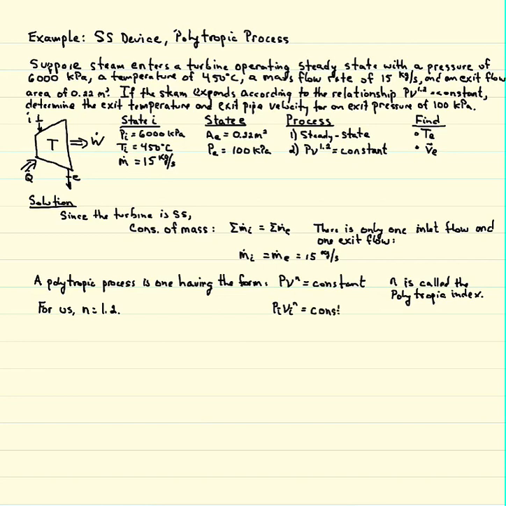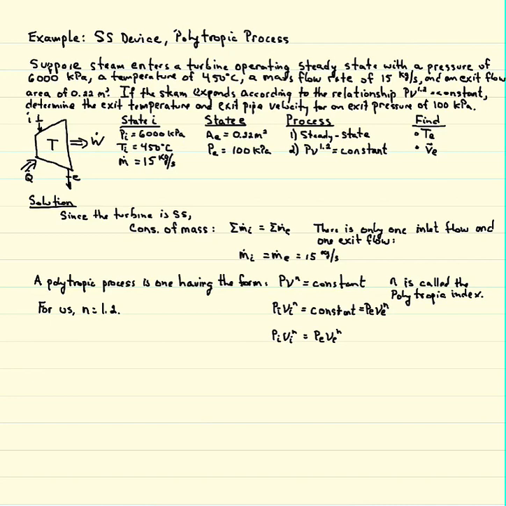And since my steam everywhere through my turbine follows this relationship, that means that my exit pressure times my exit specific volume raised to the n is equal to that same constant. And so I then have a relationship now between my inlet state, Pi Vi to the n, is equal to Pe Ve to the n. I now have that relationship.